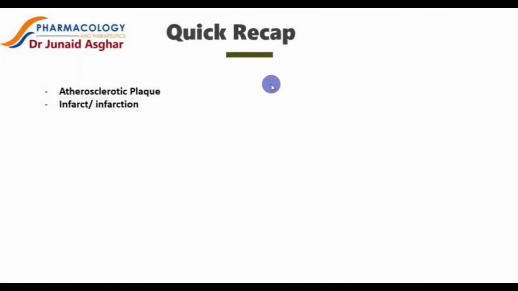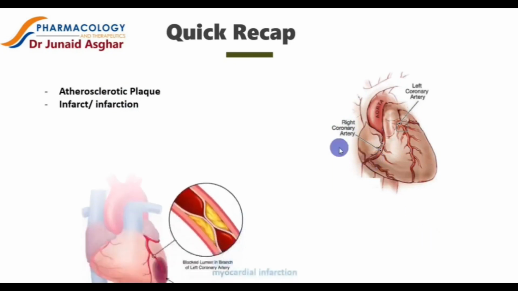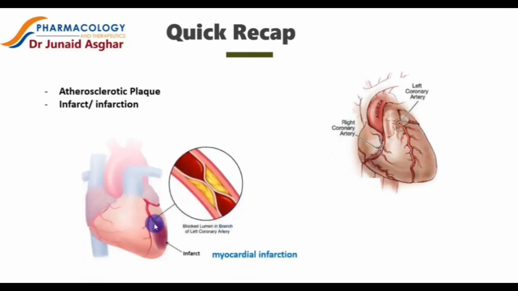Now, before proceeding further, let's have a quick look at the following terms: atherosclerotic plaque and infarct and infarction. So here we have a left coronary artery and its branches, and the right coronary artery and its branches. Now, the clot formation anywhere in the coronary artery or its branch may lead to an infarct.